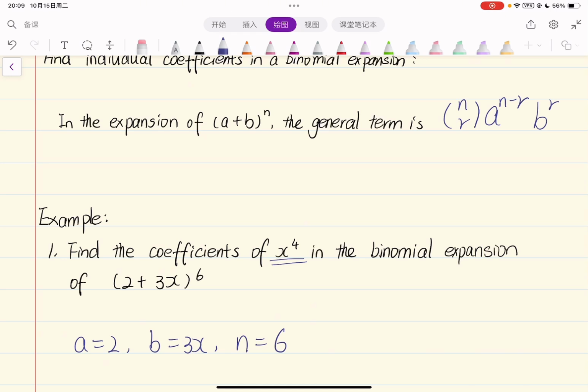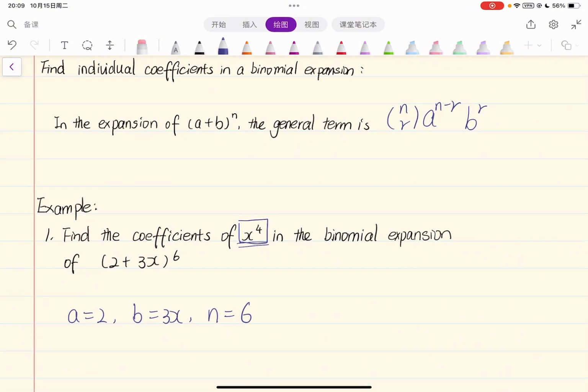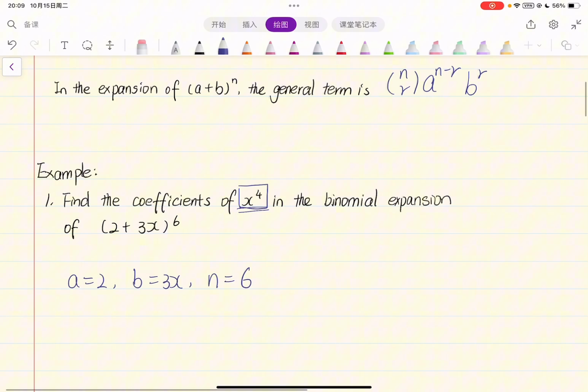So what we need to do is find the term that includes x^4, which means the index of 3x must be 4, so we must have (3x)^4. That is b^4.